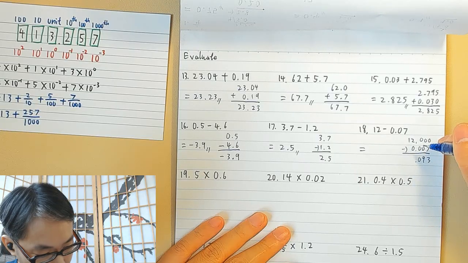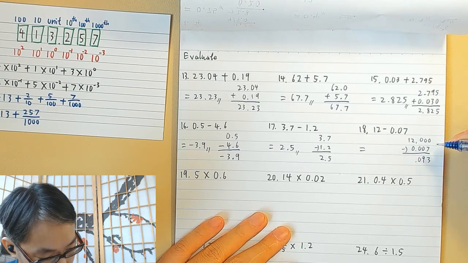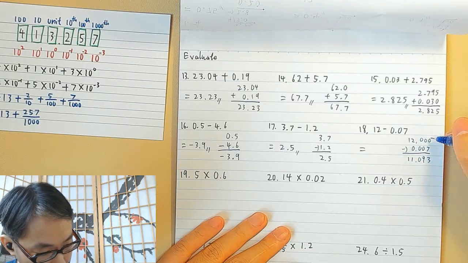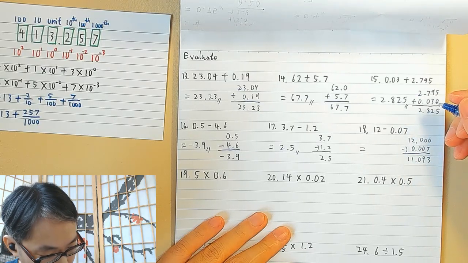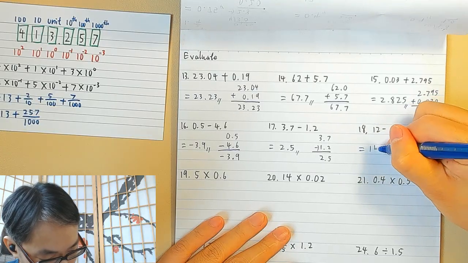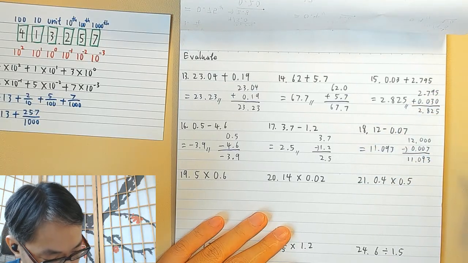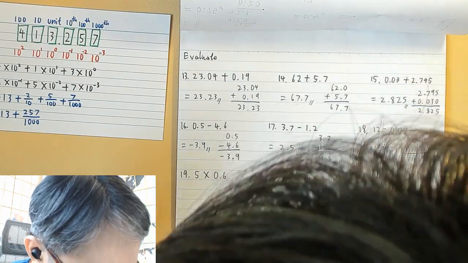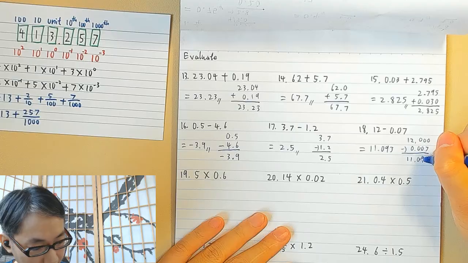Have 11 here. It is 11.03. With that, we also have the 9.